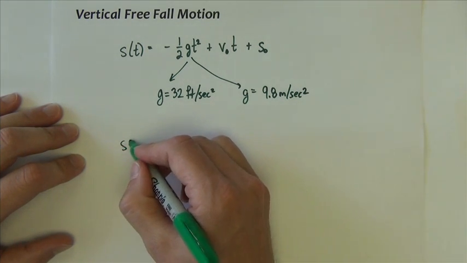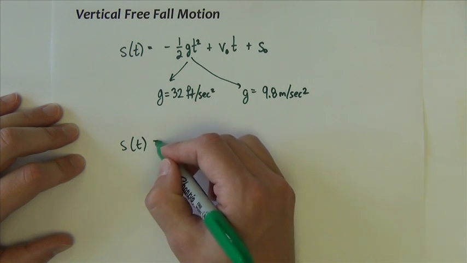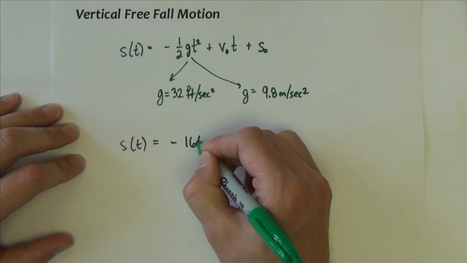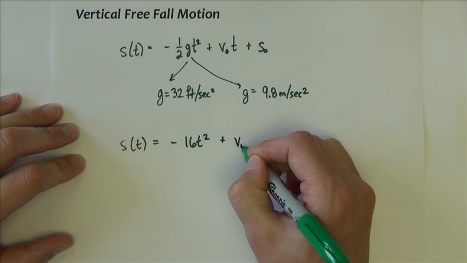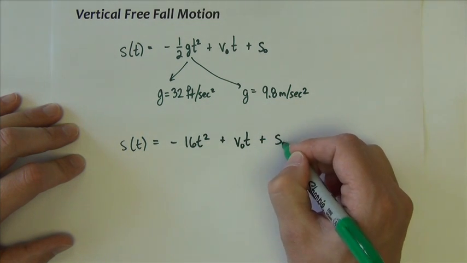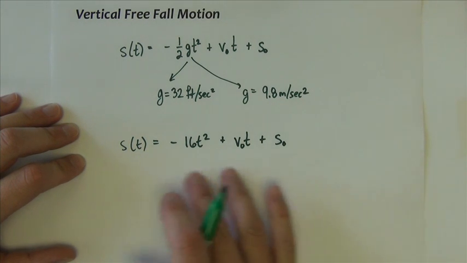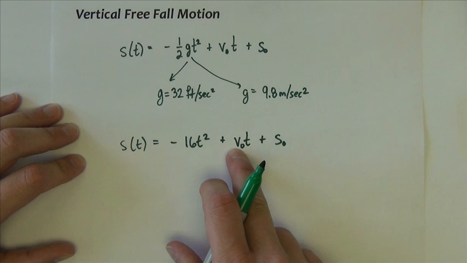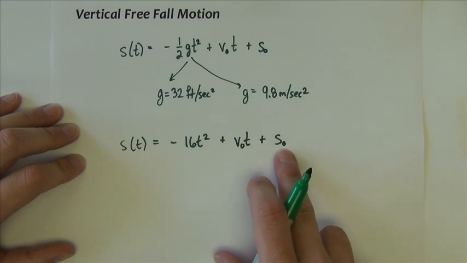Generally our text uses feet, so if we put 32 in for g, we'd have -16 t squared plus v naught t plus s naught. That's how it was presented earlier in the course, where v naught stands for the initial velocity, s naught stands for the initial position, or the initial height.